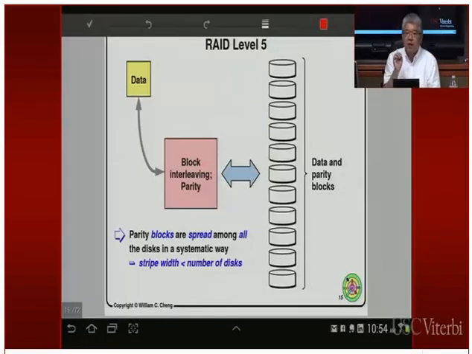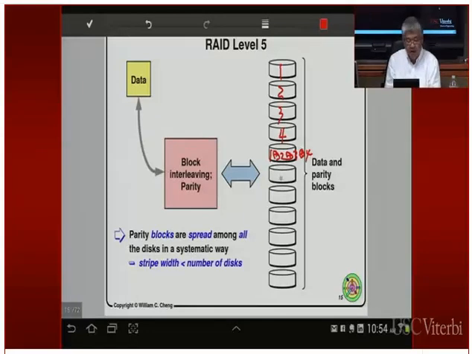Let's look at an example. If you have a stripe width of 4, I write block 1 here, block 2 here, block 3 here, block 4 here, and I write the parity of 1, 2, 3, 4 on the next disk. This is 1 exclusive OR 2 exclusive OR 3 exclusive OR 4. I write the parity right here.